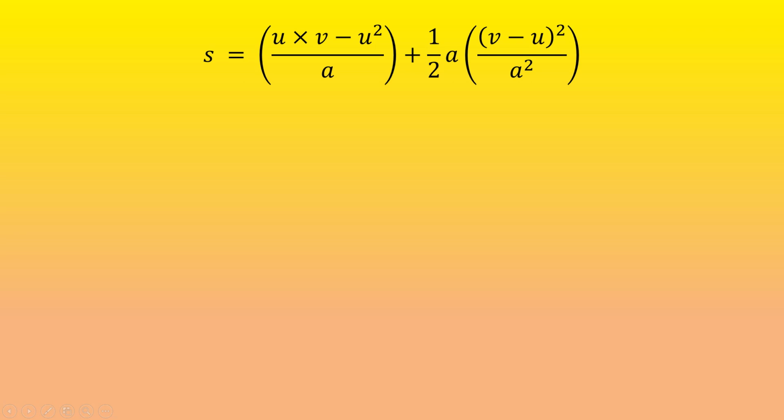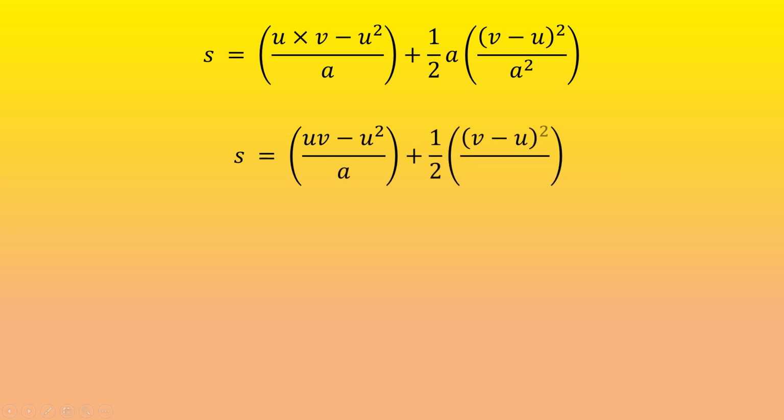So u into v will be uv minus u square. And I can cancel a. Here we have a square and a, so one a will get cancelled. So we will get s is equal to uv minus u squared by a plus half v minus u whole square divided by a, because we have cancelled a and a.